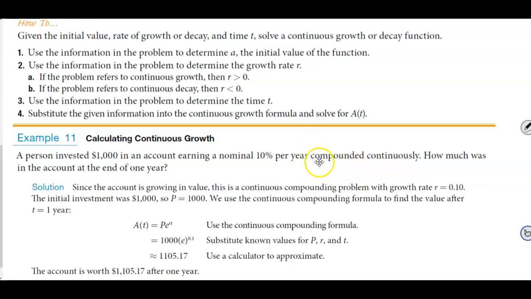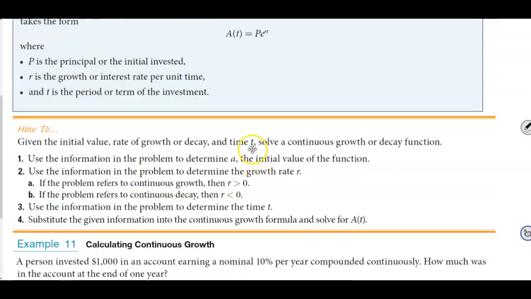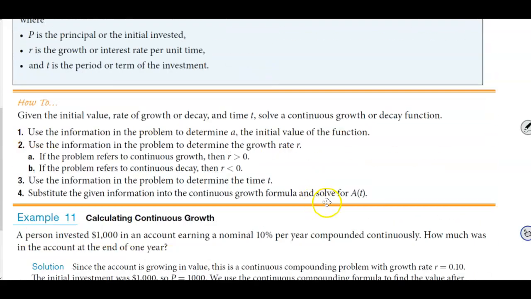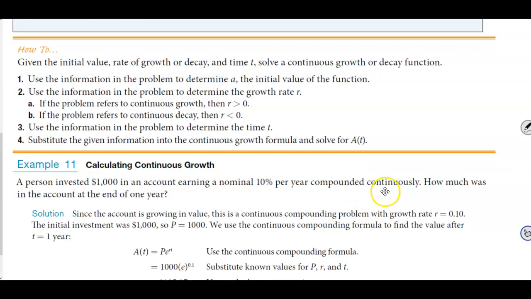Now, how do you decide which one to use? Well, if you see the word continuously, compounded continuously, then you're going to have to use this formula that's given. So continuously is an important word to notice when you're going through these questions.